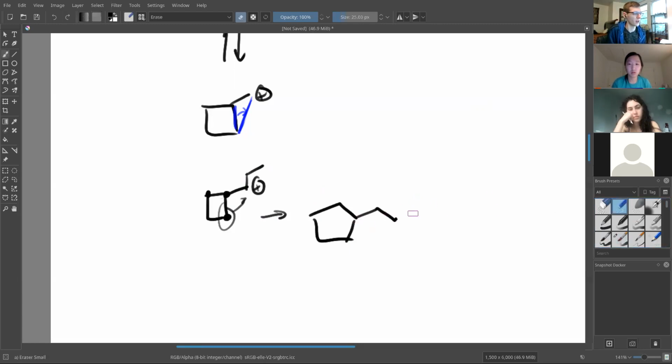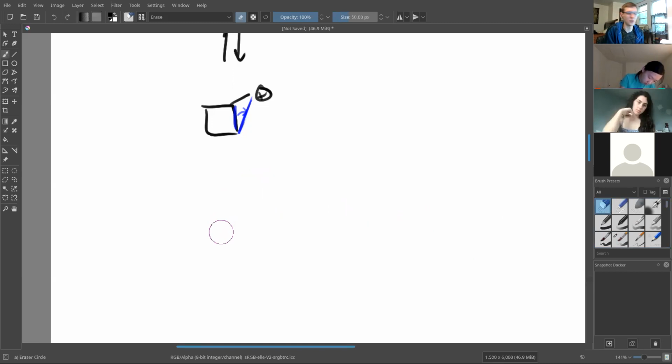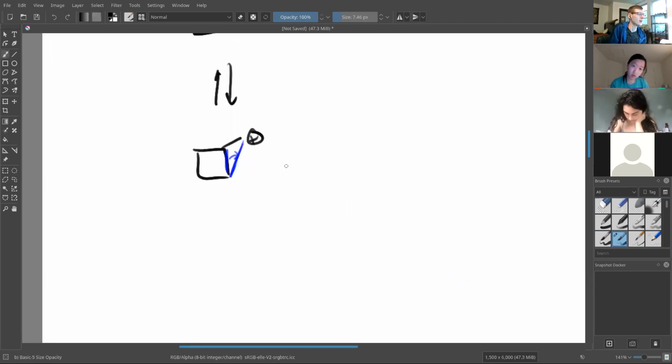We added a carbon on accident, okay? So counting carbons is good. Doing things out carefully is also really good. Once you get more into it, it's going to be really easy to lose track of these things. So I drew it in this particular way because we're taking this whole bond and we're moving it.